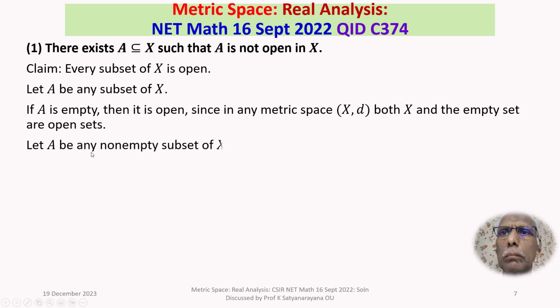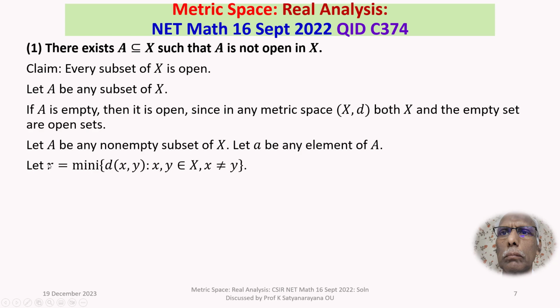Now let A be any non-empty subset of X. Let the lowercase a be any element of A. We will now show that this small a is an interior point of A. For that, let r be the minimum of all distances from every pair of distinct elements of capital X. That is, the minimum of d(x, y), where x, y belong to X, x not equal to y.